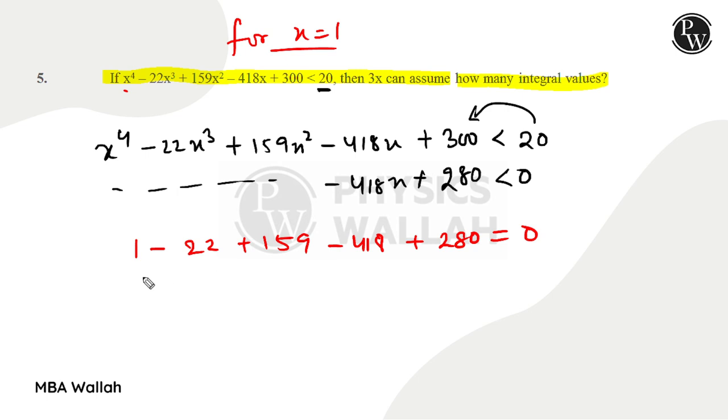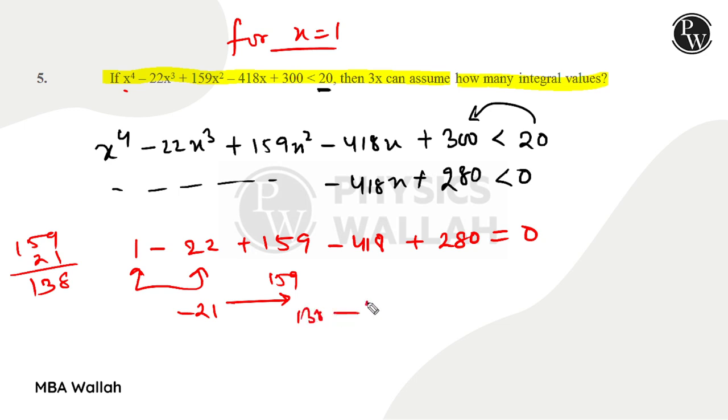Now typically these two are going to be 1 minus 22 is minus 21, then minus 21 plus 159 is 138. 138 minus 418 gives minus 280.